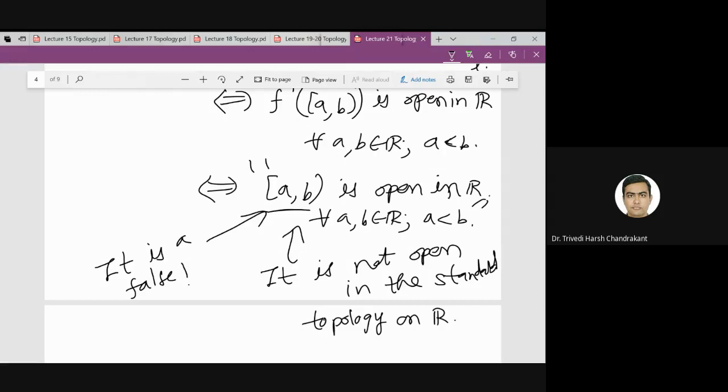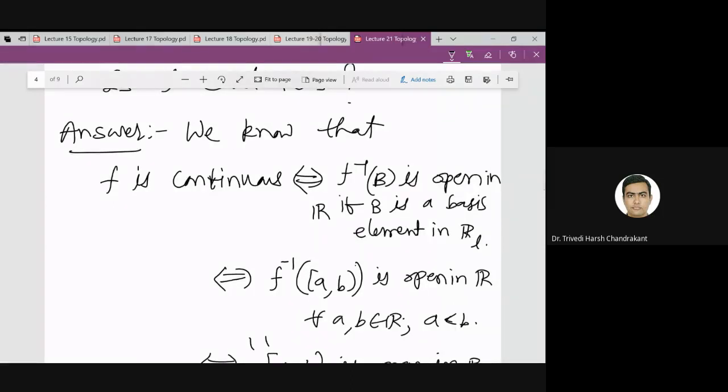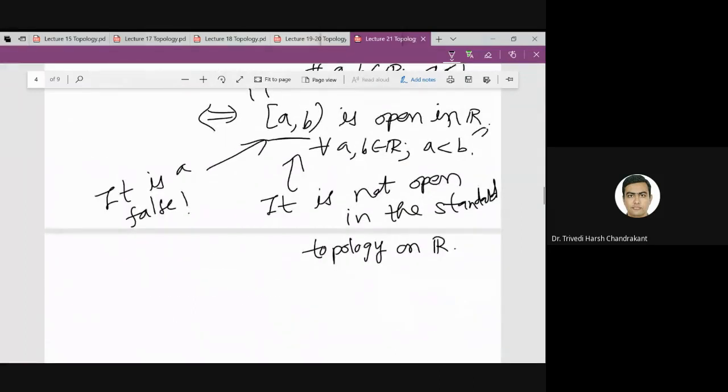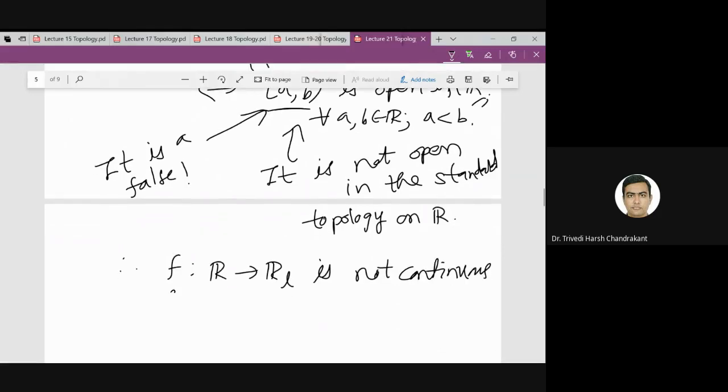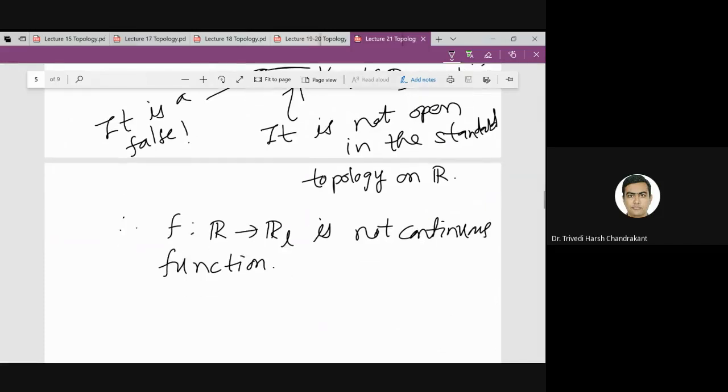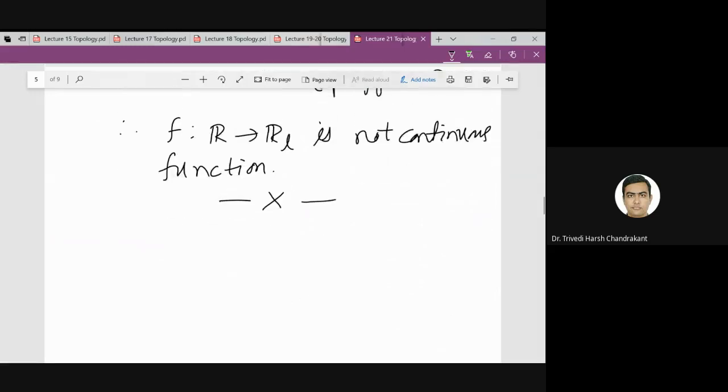It is a wrong statement. So it fails, which means f fails to be a continuous function. Therefore f from R to RL is not a continuous function. Right, so this is a simple example which I hope you have understood. Now you tell me whether f from RL to R is continuous.